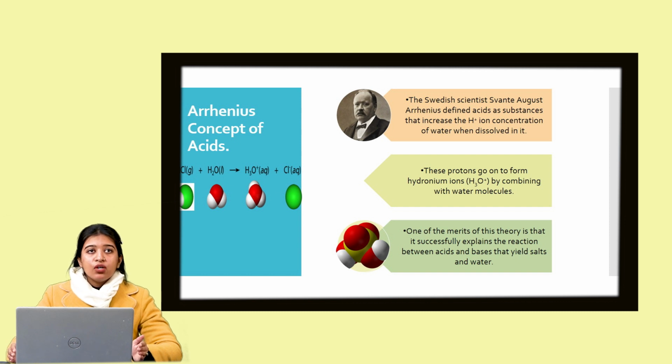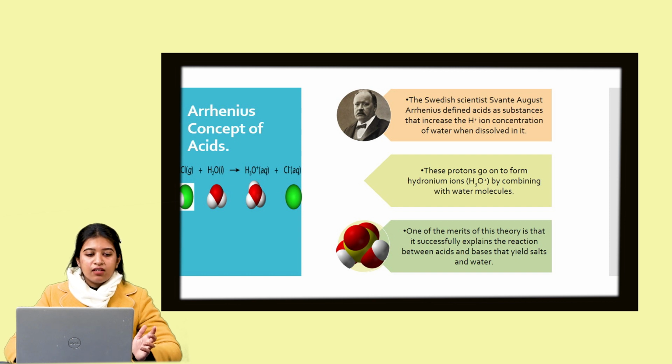From the given equation, we can identify how HCl reacting in aqueous solution produces the hydronium ion and increases the H+ ion concentration, which is considered an acid. One of its merits is explaining neutralization: an acid reacts with a base and produces salt and water. So, that was all about the Arrhenius concept.